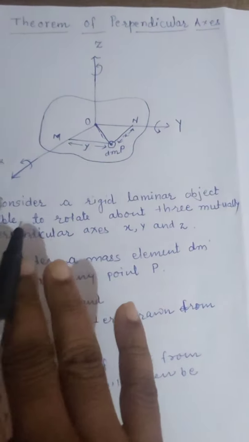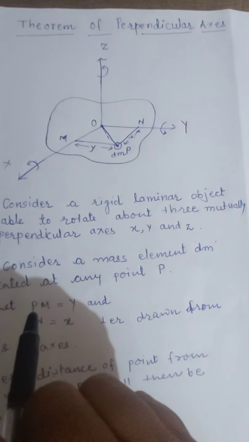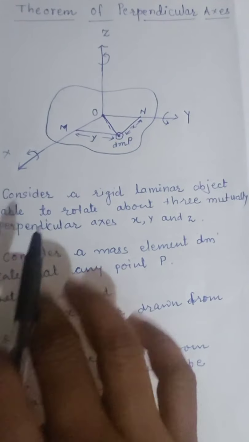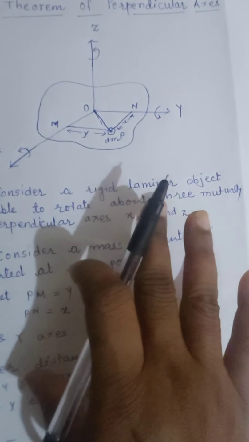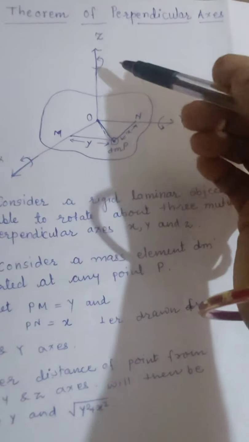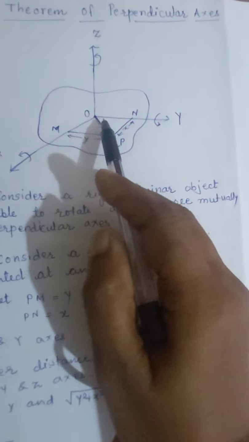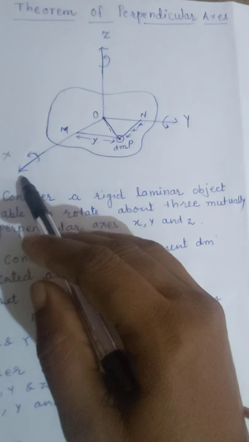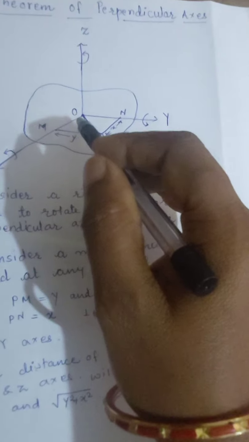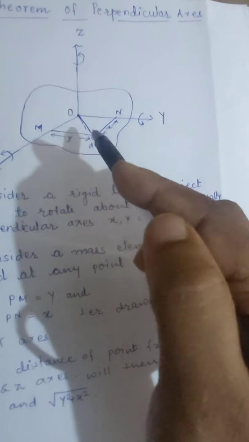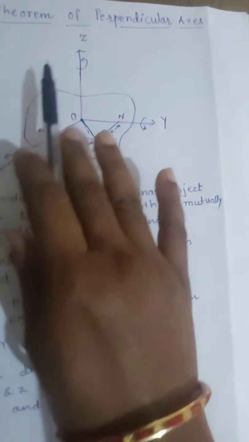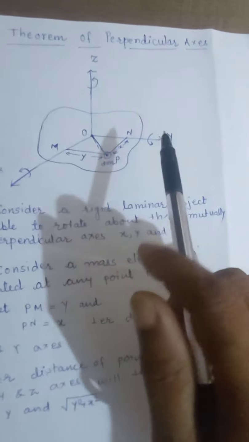So, let us find out the moment of inertia of a laminar object about three mutually perpendicular axes x, y, z. Let us consider this is your x axis, this is y axis, and this is z axis. We have to find the moment of inertia of this planar laminar object.